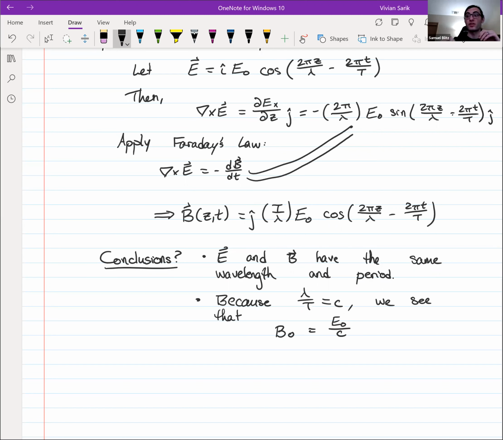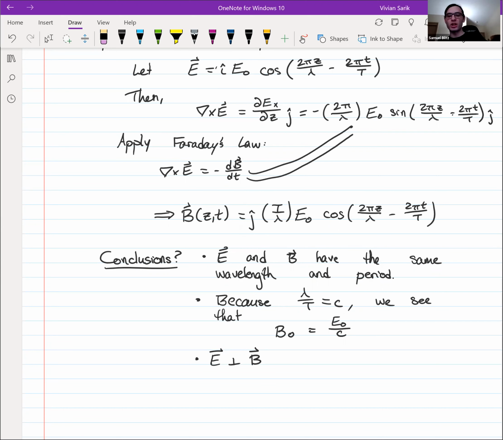So that tells us if the electric field has this magnitude, then the corresponding oscillating magnetic field would have that magnitude. And then we also learn that the electric field is perpendicular to the magnetic field, because the magnetic field is in the j hat direction and the electric field is in the i hat direction.